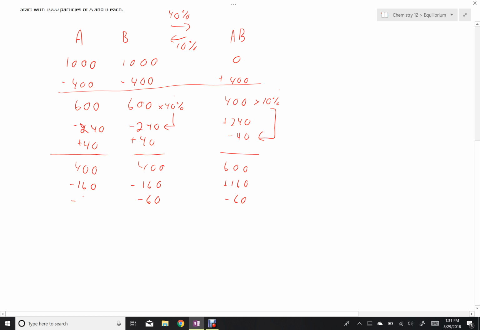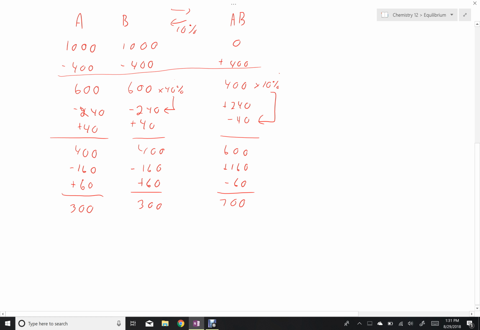These numbers are working out pretty easily. So this is going to be 300 of this left over when it loses its 160 and gains its 60 back. Same here. And then this guy is up to 700. We are still not at equilibrium. We can see that the population of A and B is still declining while the population of the compound AB is increasing.